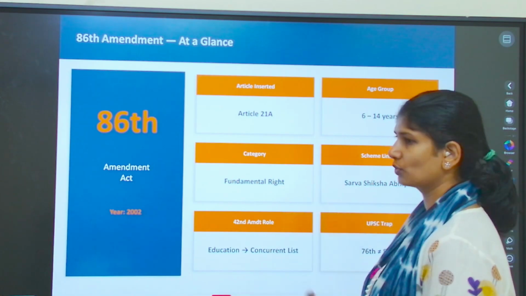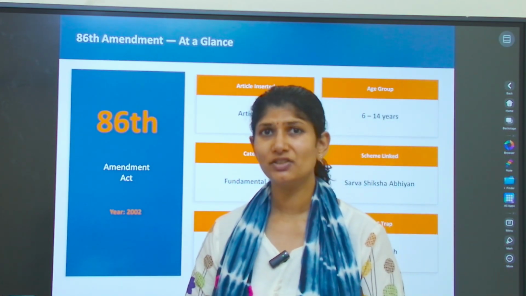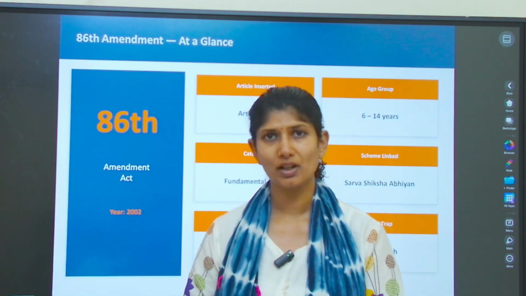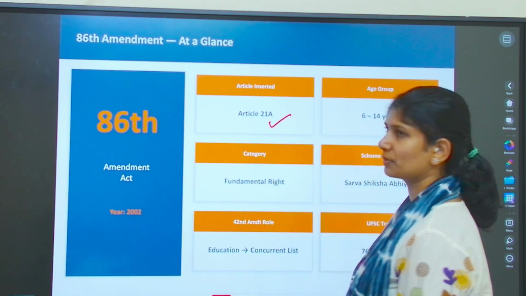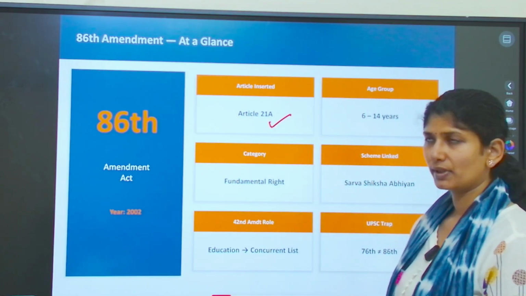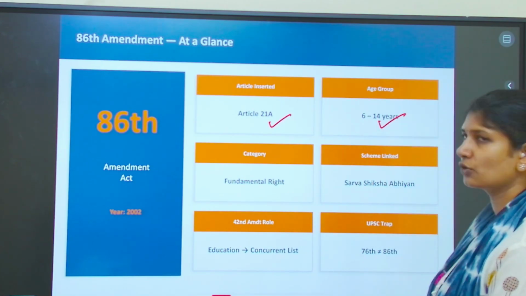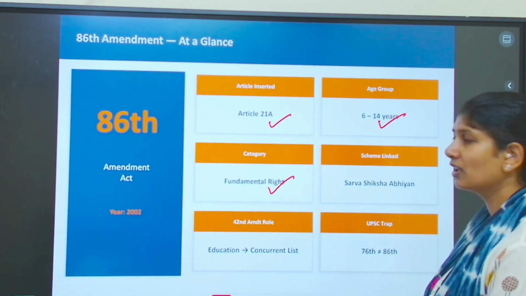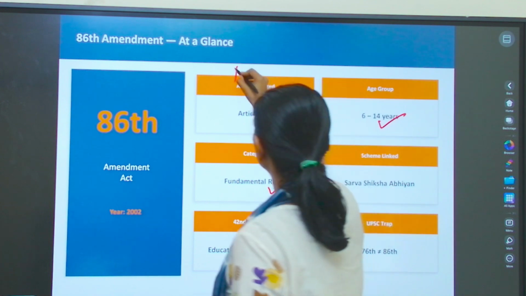Like I told you, important articles and amendments, have a look at that. In that list, add your 86th Constitutional Amendment Act also, wherein it inserted a fundamental right under Article 21A, which is a right to education for the age group of 6 to 14 years. This was made a compulsory right. Free and compulsory education became the keyword.